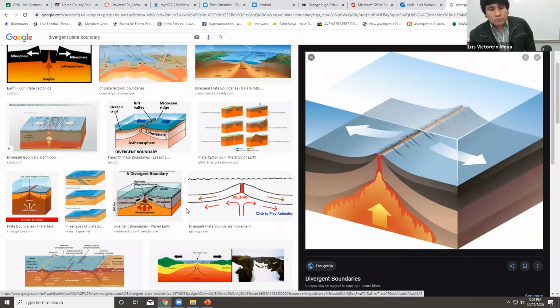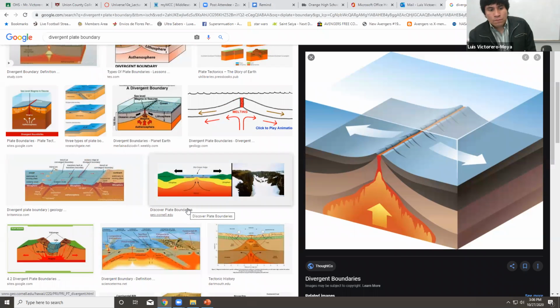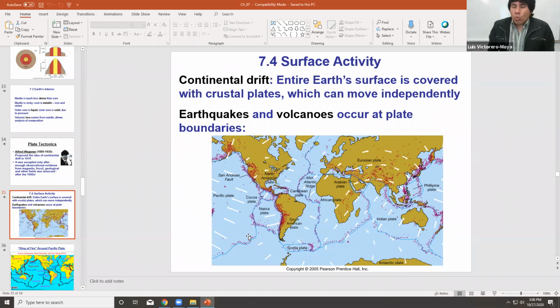All right. Now, as this slide was saying, right, we can have earthquakes also in plate boundaries, depending on the interactions. Okay, so these things are very important in the study of earth science and our planet itself.